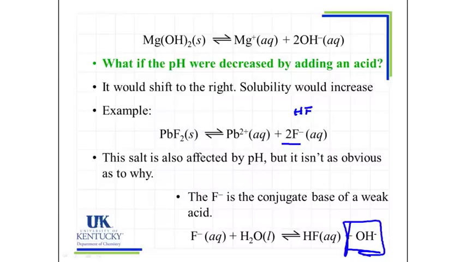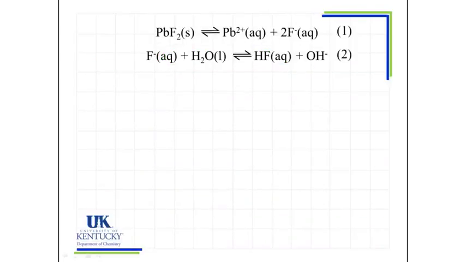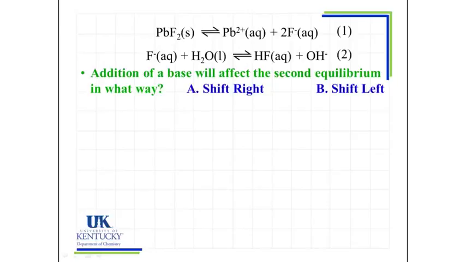So let's walk our way through this consideration with some questions. So both of these equilibria are involved. We've got the lead fluoride, an insoluble salt, dissolving, and we have the F minus of that salt undergoing ionization with water. So if we add a base to the solution, what effect will that have on equilibrium number 2?